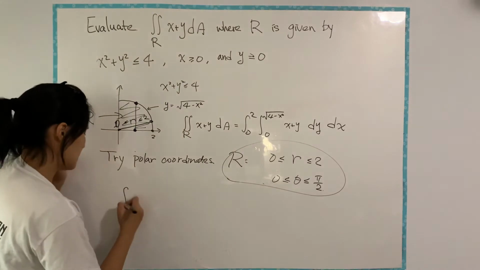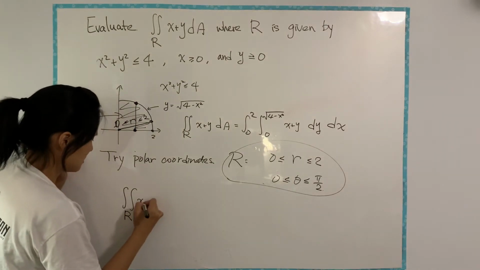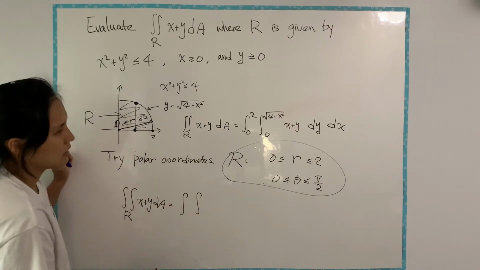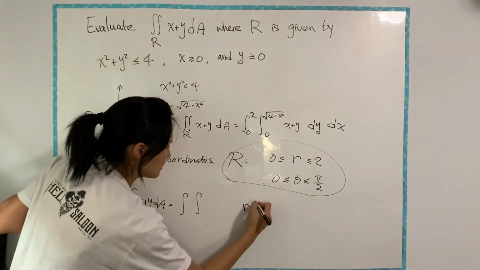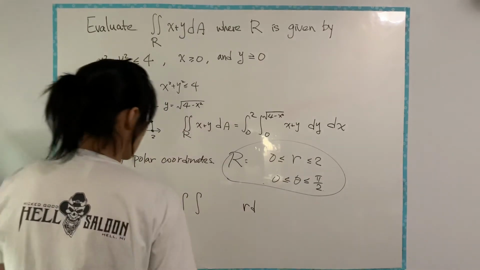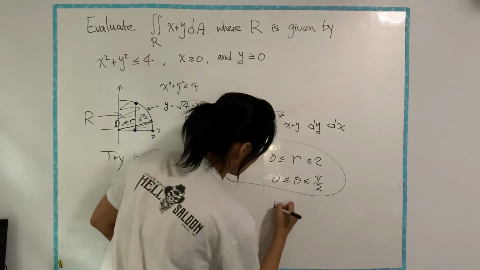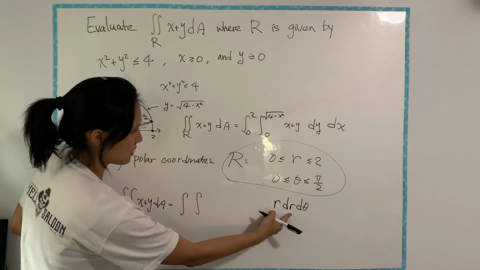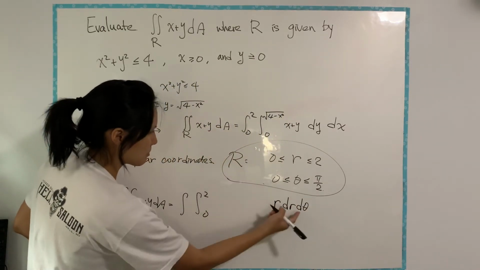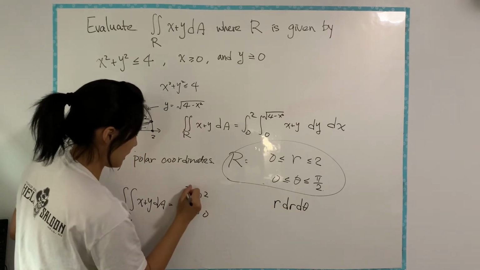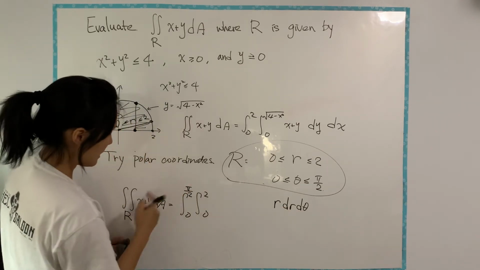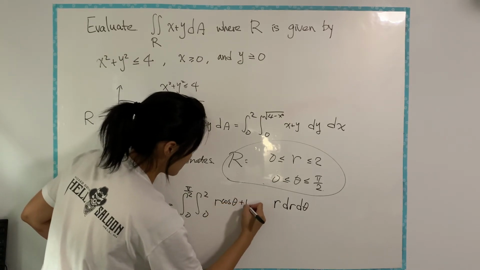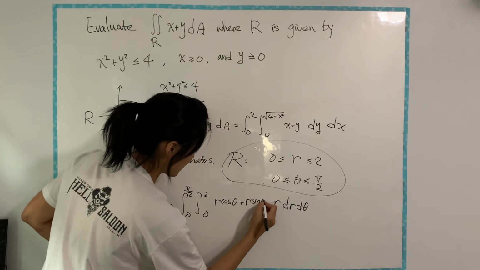So now the integral under polar coordinates: the dA is turned into r dr d theta. The bounds for r is 0 to 2. The bounds for theta is 0 to a half pi. x is r cosine theta. y is r sine theta.